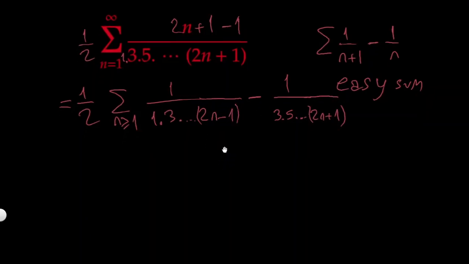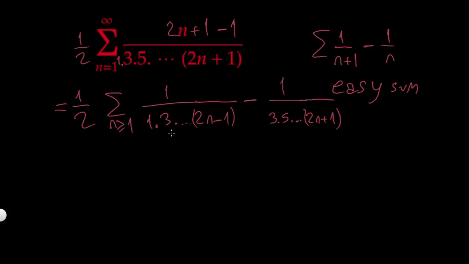Why is it helping? If you put n equal to 1, you're just shifting this sum by 1 here, and we will see how this stuff would cancel.